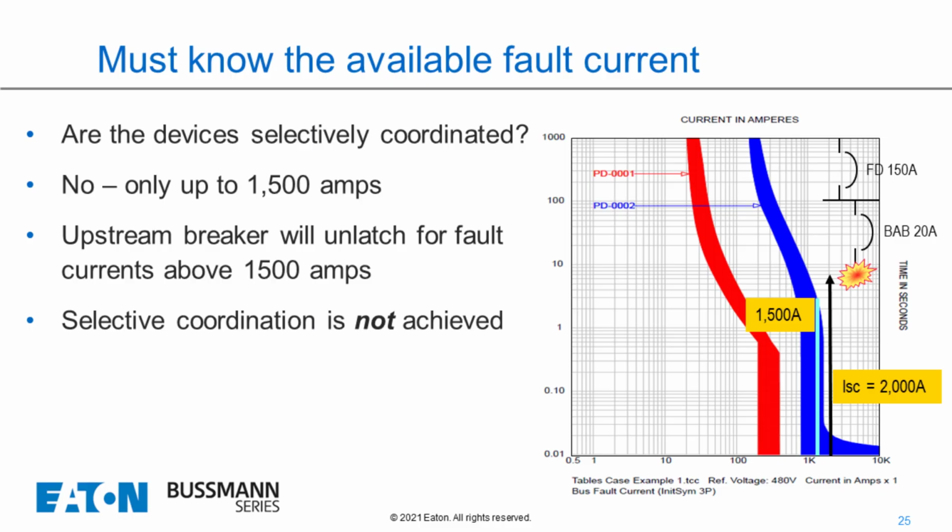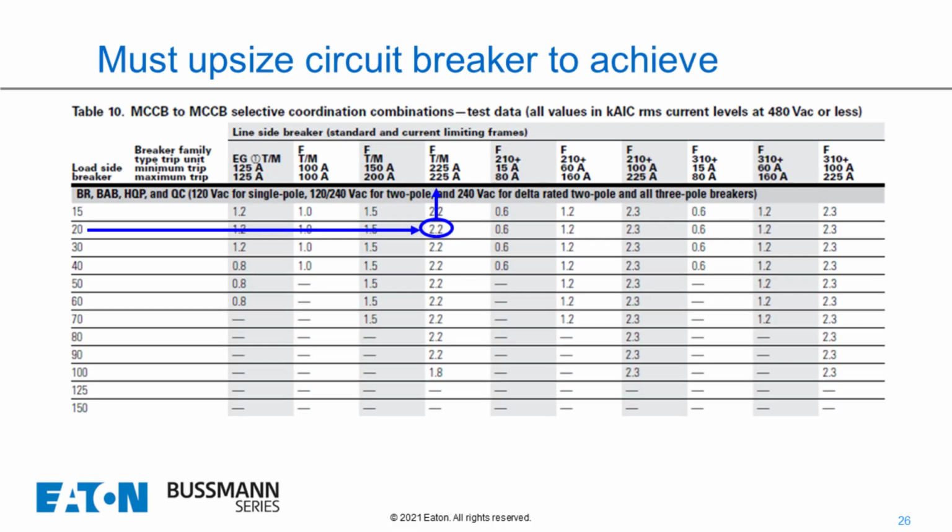And so what do we have to do to modify that to make sure that we comply with the code and get selectively coordinated? And so we would have to relook at the chart, okay? And so we got a 2,000 amp. So we still have our 20 amp breaker, right? And so now we come across and we come into 2,200 amp, all right, which covers it.